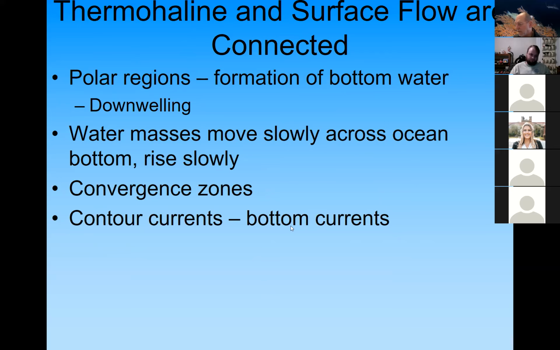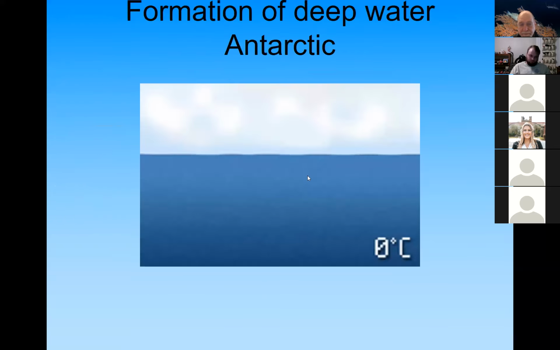Well, let's look first at the formation of deep water in the Antarctic. So if we consider the Antarctic region, we've got air temperatures that are around 0 degrees C. And of course, salt water freezes at a lower temperature than fresh water. So at about minus 1 degree C, we start to get the formation of sea ice.